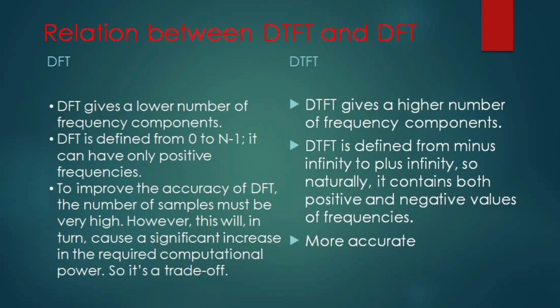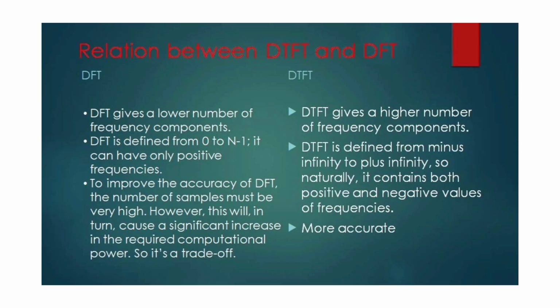Next, you can see the DFT gives a lower number of frequency components. Basically, if N is equal to 8 it goes from 0 to 7, and the numbers repeat.